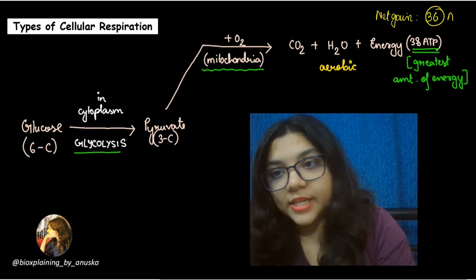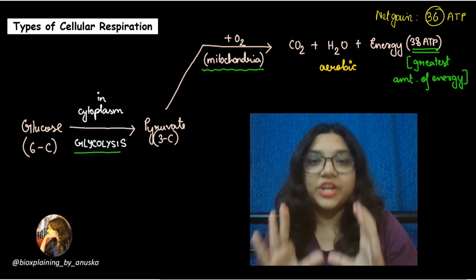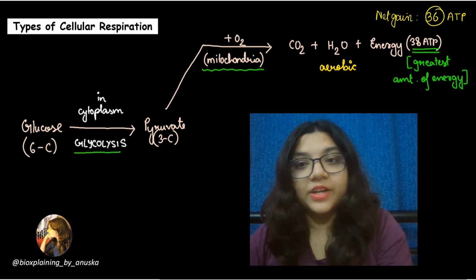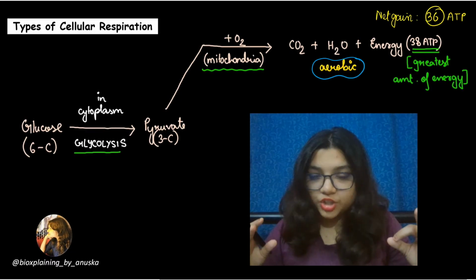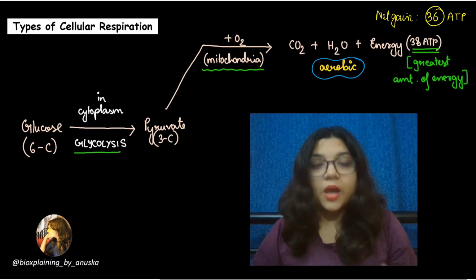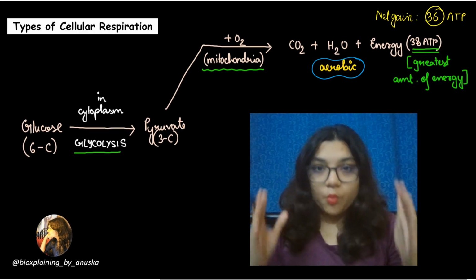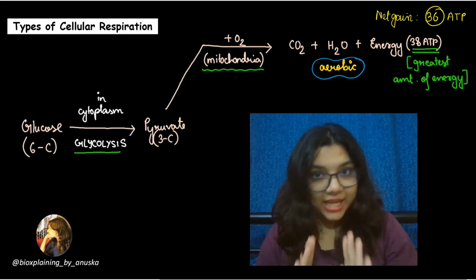This is the greatest amount of energy produced in any kind of respiration. So in the first type that we are studying, aerobic respiration, in the presence of oxygen, pyruvate finally gives rise to carbon dioxide, water and energy.